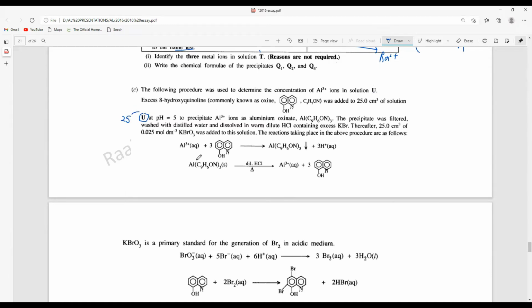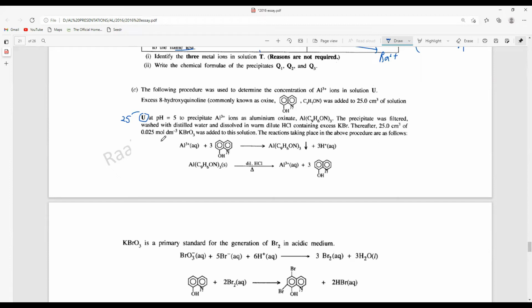So this oxine is added, and this type of reaction is going to happen. The oxine gets precipitated, forming aluminium oxinate. This precipitate was filtered and washed with distilled water, and it was warmed and dissolved in HCl. And KBr was added to it.